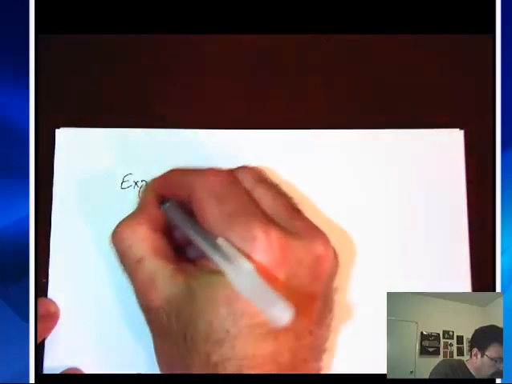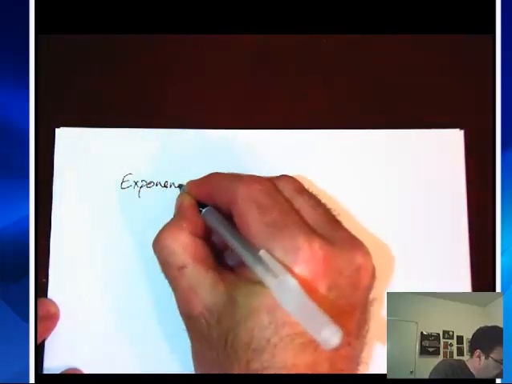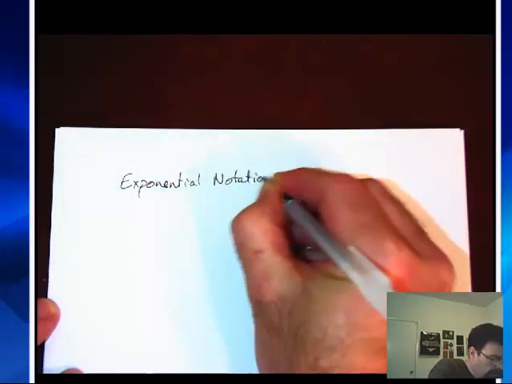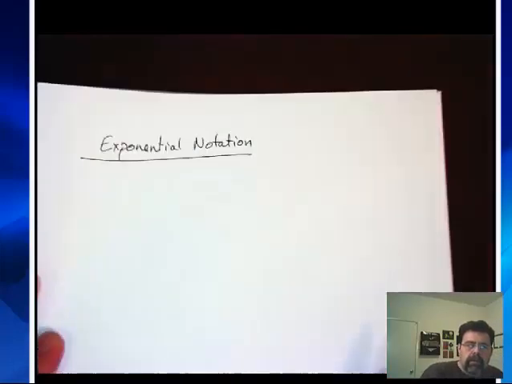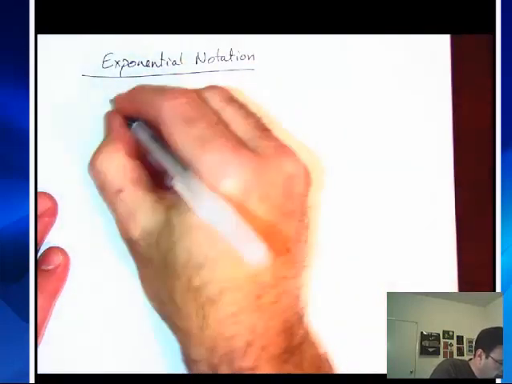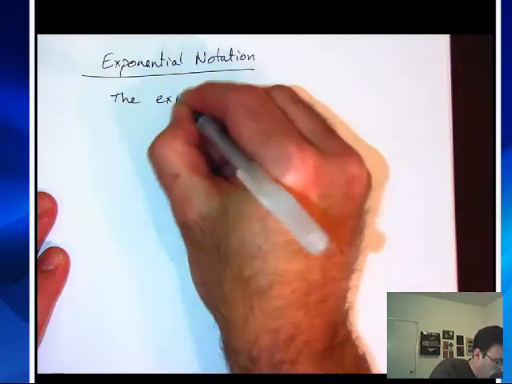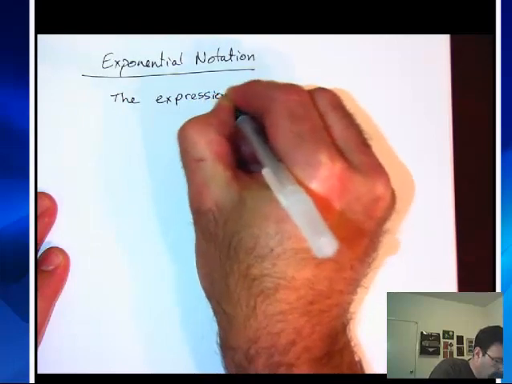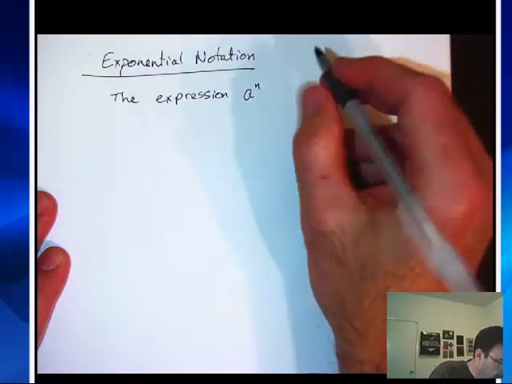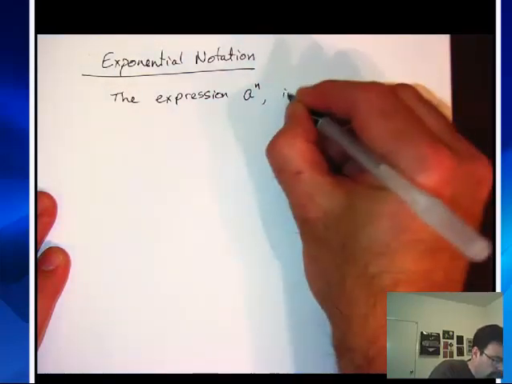Okay, now let's talk about exponential notation real quickly. All right, so the expression a to the n, in which n is a counting number.